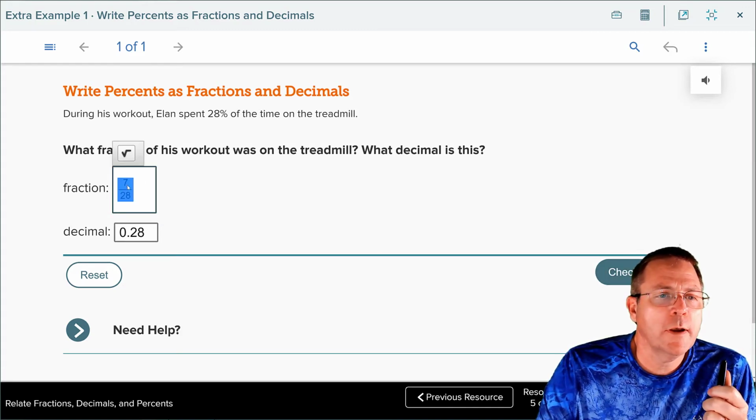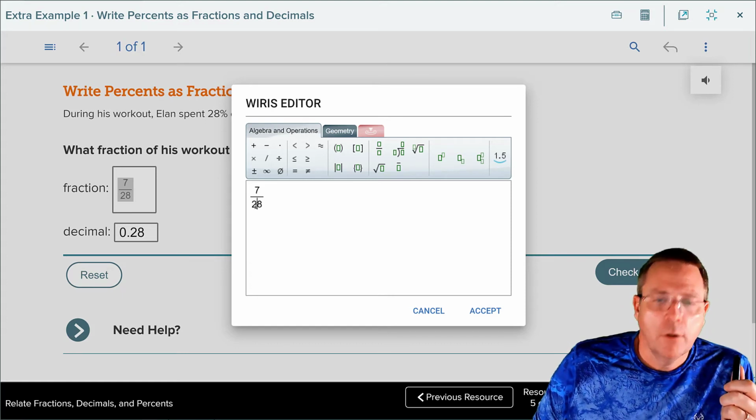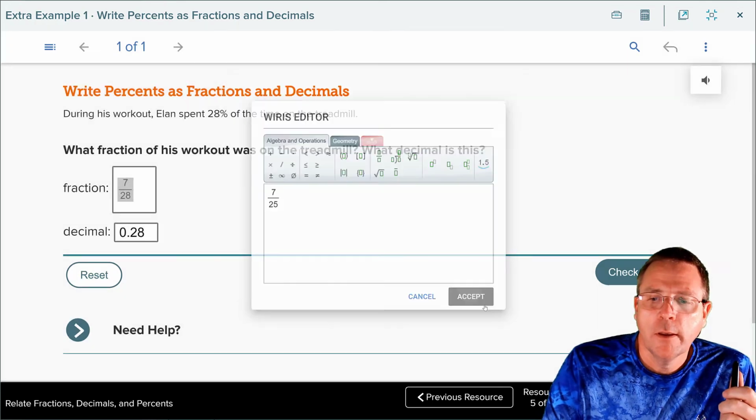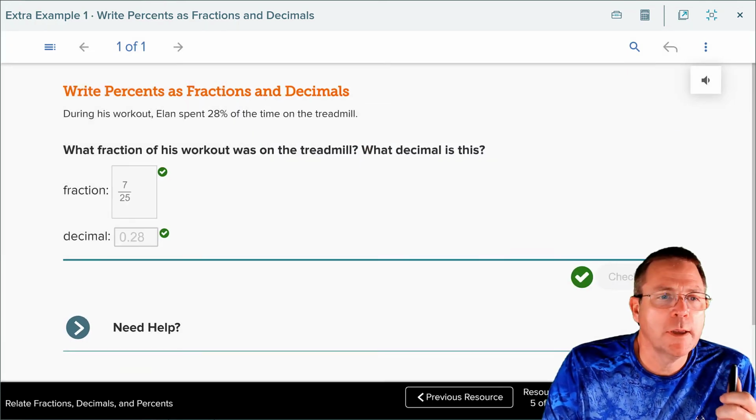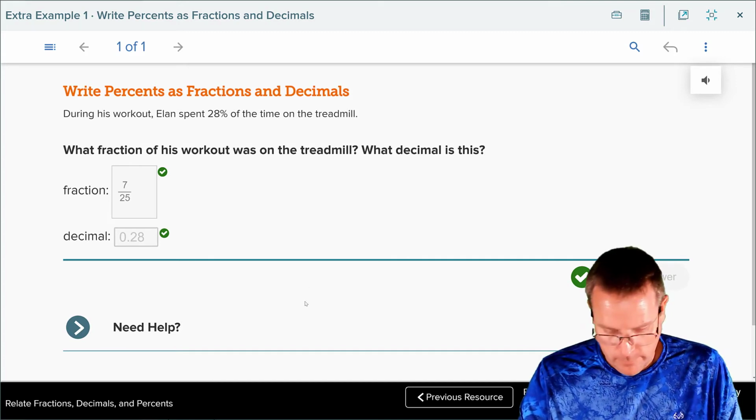So let's find out. We're going to go back in here. Oh, I see what I did wrong. I said 28, not 25. So let me go over here, 25, accept, now let's check my answer again. That was my mistake. I put in the wrong number in the denominator.